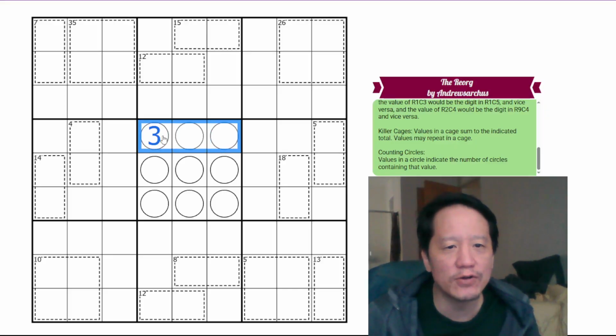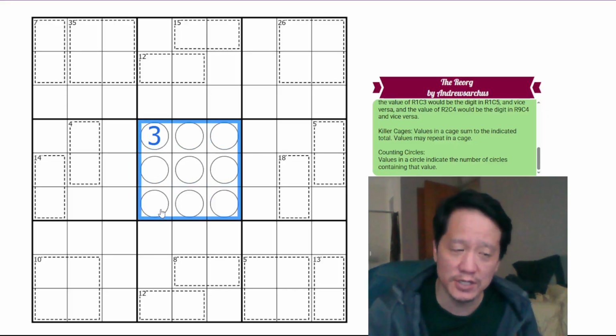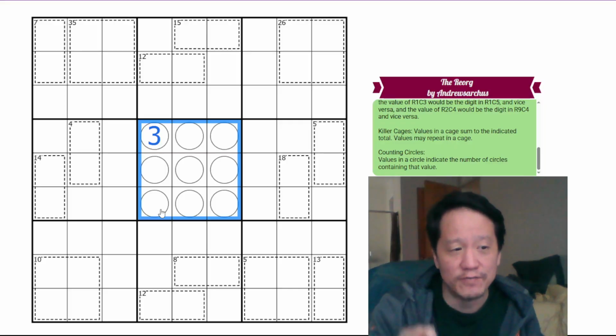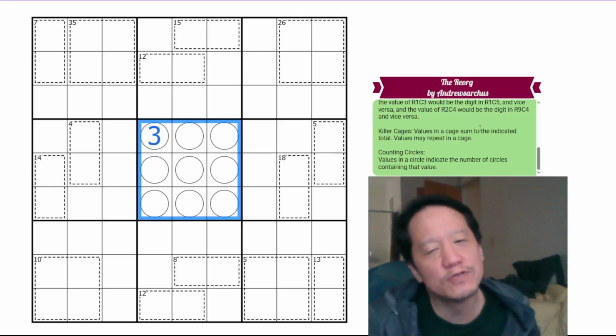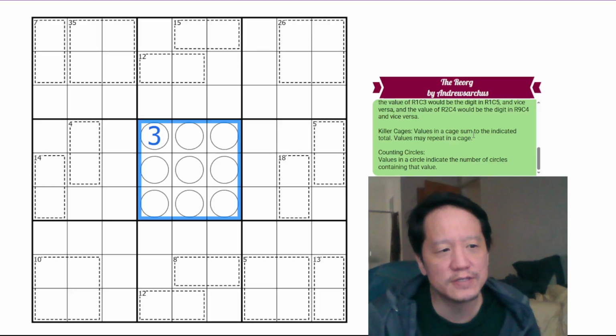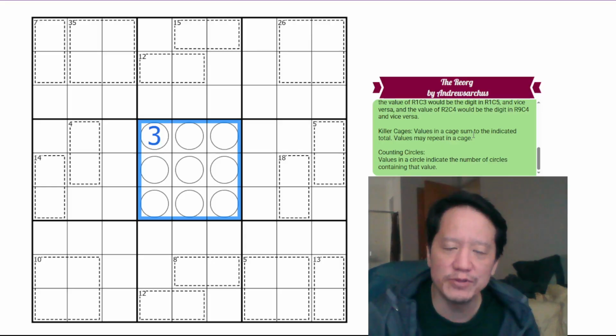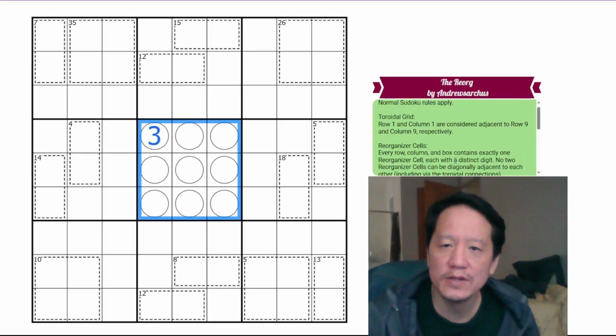That would mean there would have to be 3 circles containing the value of 3. Obviously, something weird is going on. We'll let you guys figure that out yourselves. Anyways, those are all the rules. If you'd like to play along, there's going to be a link in the description. And now, I'm going to get started.